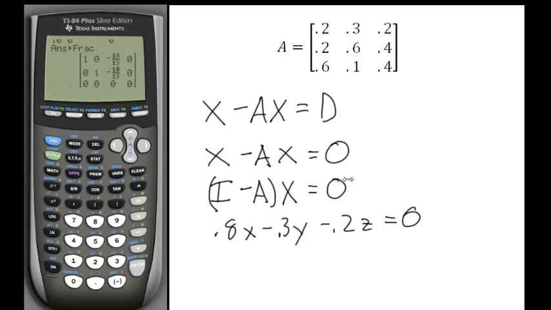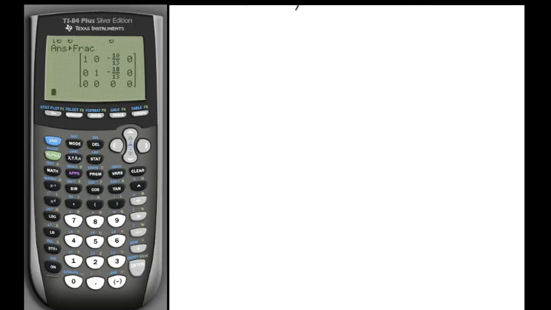Now we want to write each of these rows out as an equation. The first row is 1x, so we'll just write x, plus 0y, which we don't need to write, minus 10/13 z equals 0.